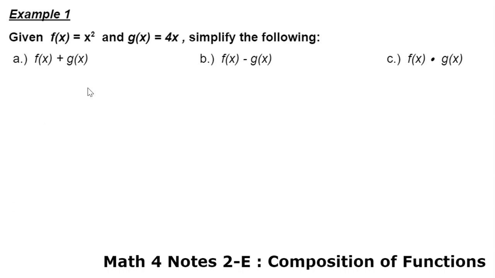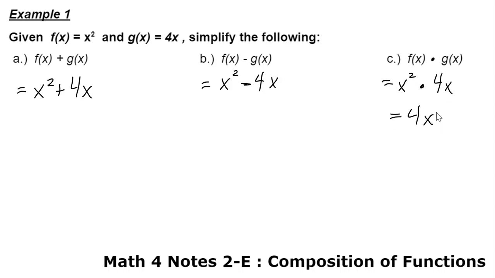If I take these two and add that to that, I really can't simplify it any further, so we're done with that one. When I take f of x, which is x squared, and I subtract g of x, again, I get something that is in simplified form. Now, when I say x squared times 4x, I'm going to wind up with 4x cubed.